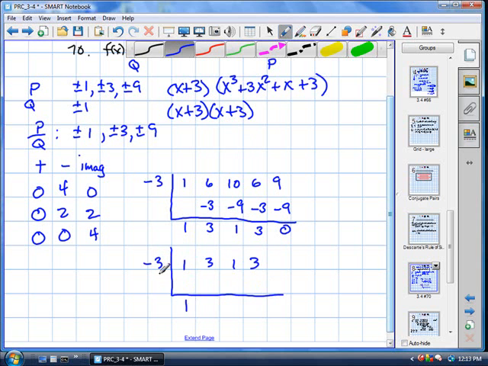Bring down, multiply, add, multiply, add, multiply, add. Sure enough, look, 0. If I don't get a 0 here, then I know somebody, namely me, messed up. But it worked. So what's left? Now, can you read this? This is x squared plus no x plus 1. So in other words, it's just x squared plus 1.